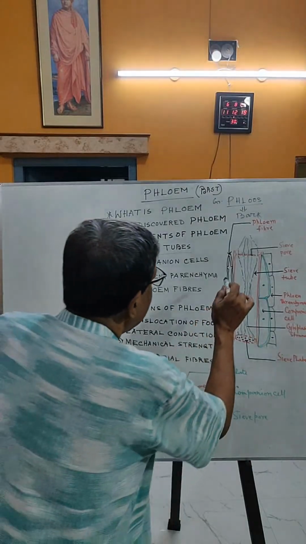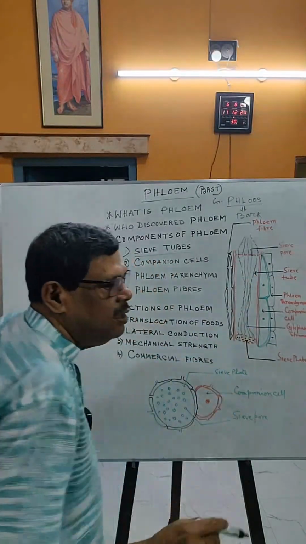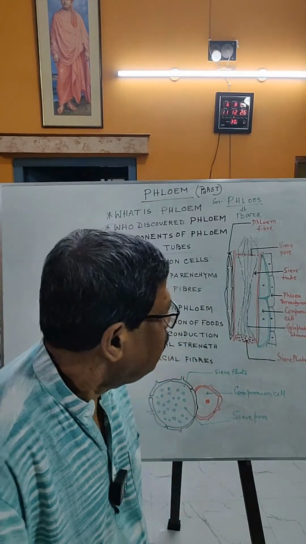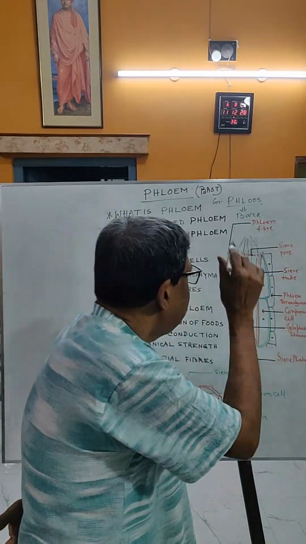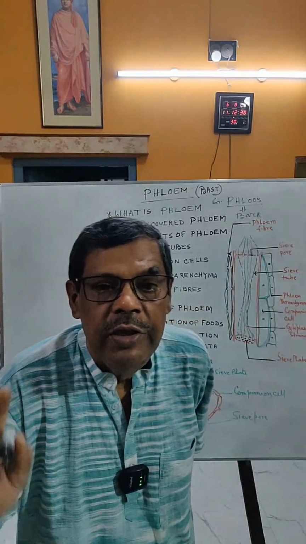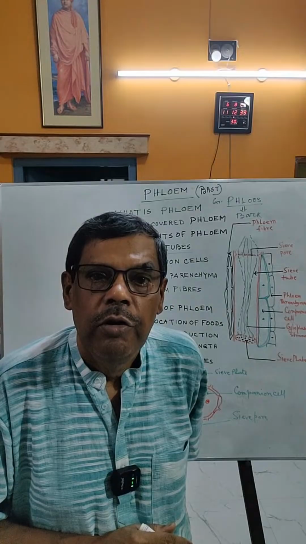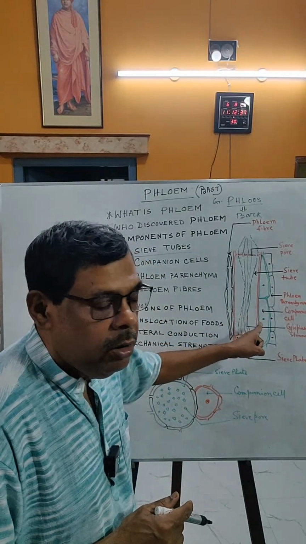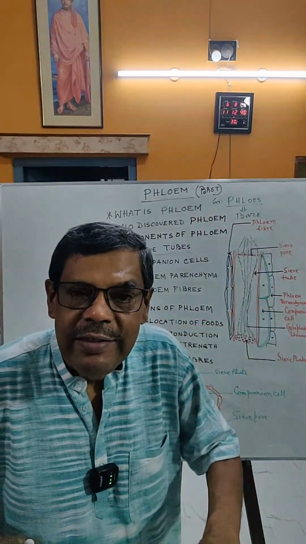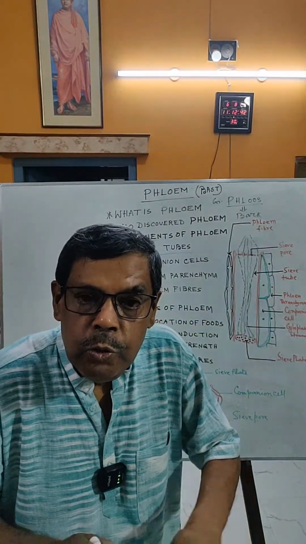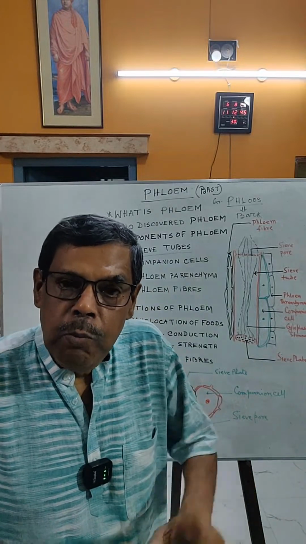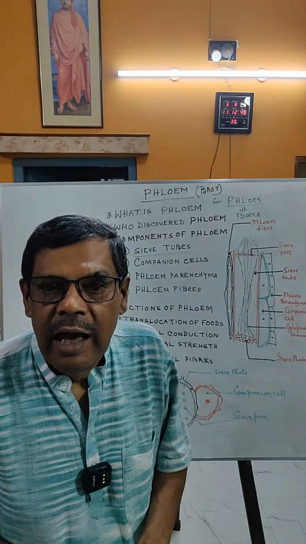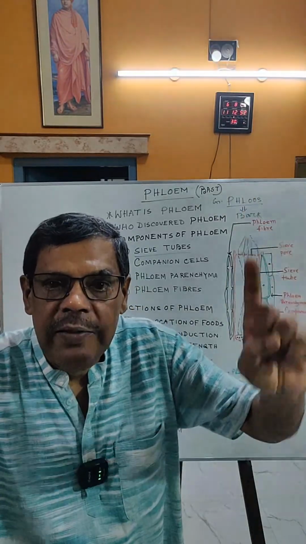Next, the walls of sieve tube cells are thin cellulosic. This sieve tube is joined to the adjacent companion cell through plasmodesmata. Both sieve cells and companion cells originate from the same mother cell.